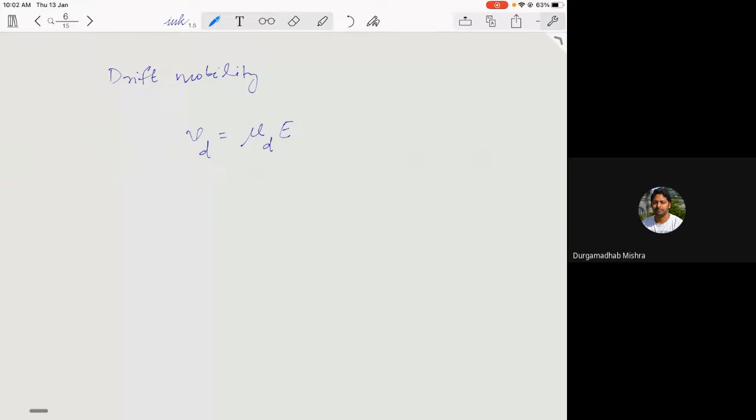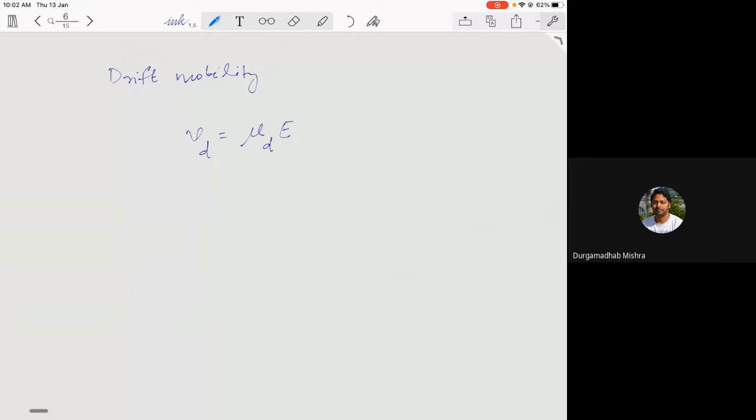So when you apply an electric field, the electrons will have a drift velocity. Before, when you don't have an electric field, the electrons undergo random motion, and when you measure the average velocity of these conduction electrons, the average velocity will be 0.